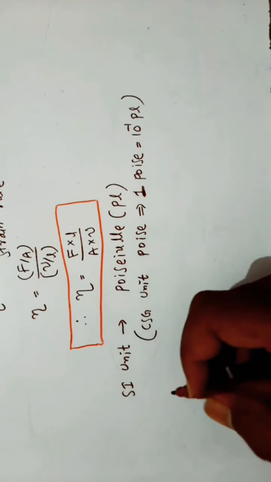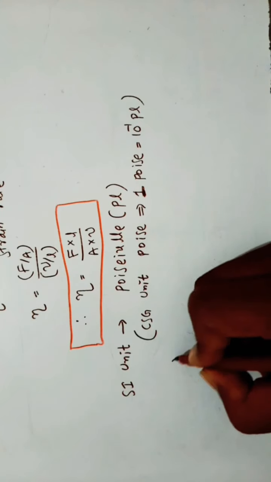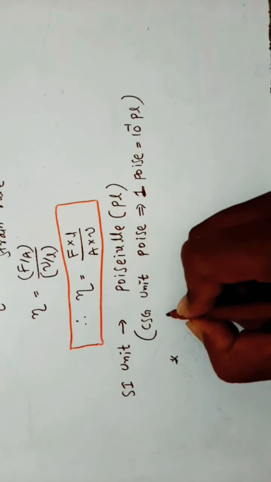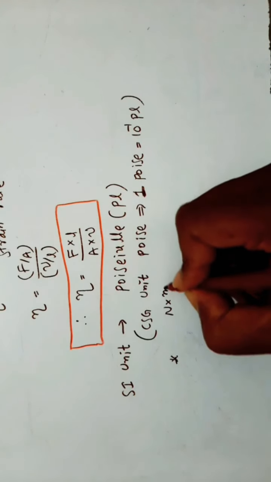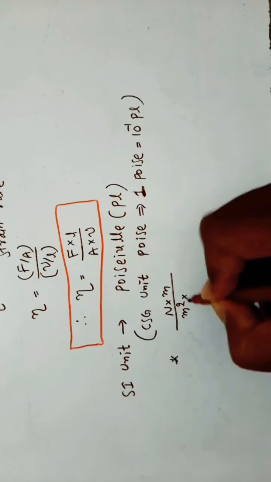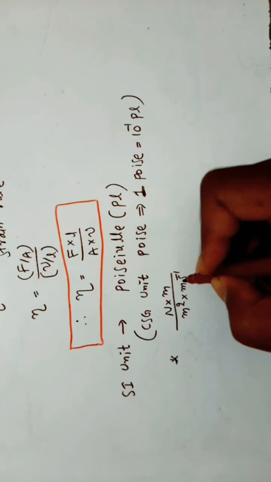Another SI unit for coefficient of viscosity: here we can write force is equal to Newton, length is meter, by area meter square into velocity meter per second.